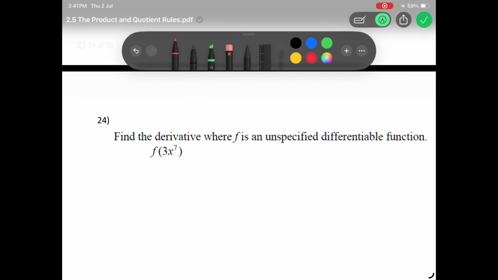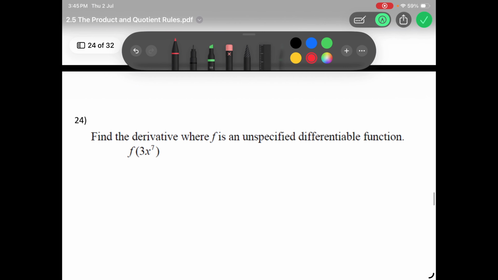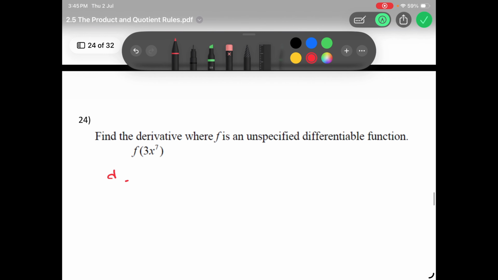And what I have here, this. So here, guys, find the derivative, where f is an unspecified differentiable function. Okay, and the story is very long, so it means that we have to find d over dx.